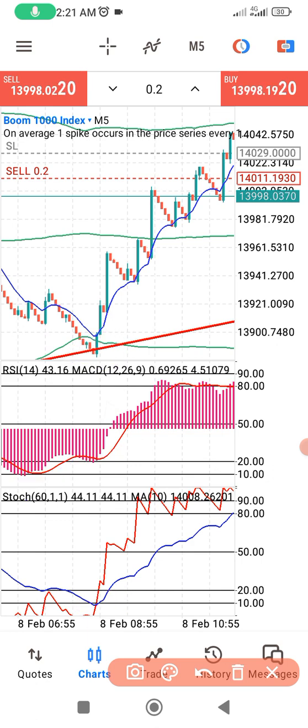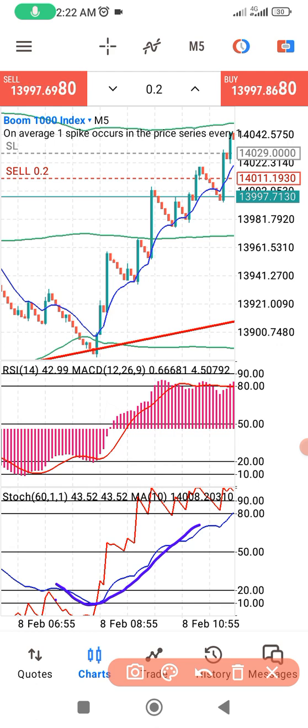Having established that they are at this level of 10, we want to see a cross between the stochastics and the exponential moving average 10. We want to see that the exponential moving average 10 is forming a cover for the stochastic. And having established this cross, you can see it.